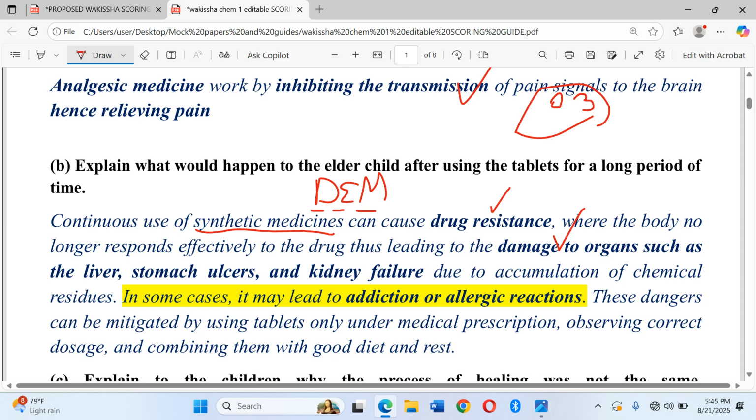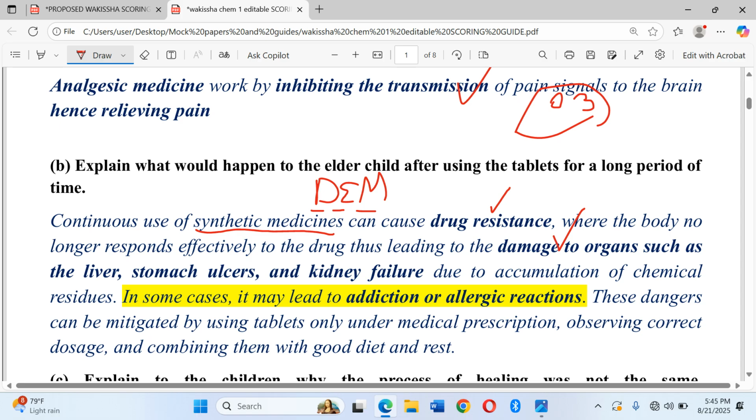So I'm saying that continuous use of this synthetic medicine can cause drug resistance, that is a danger, where the body no longer responds effectively to the drug, thus leading to damage to organs such as liver, stomach ulcers, and kidney failure due to accumulation of chemical residues. So that is our effect. Now, this one which I've highlighted is another effect, that it can also bring addiction or allergic reaction.